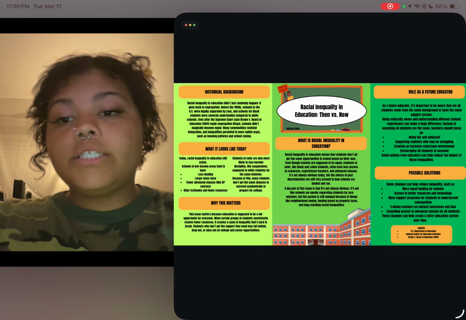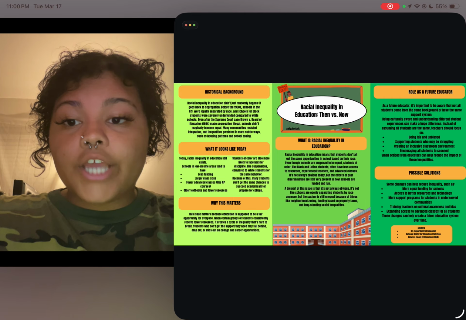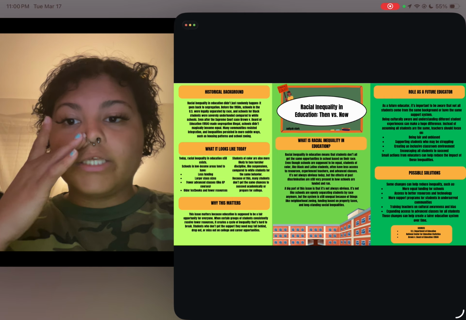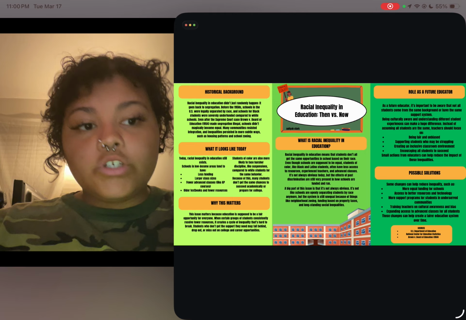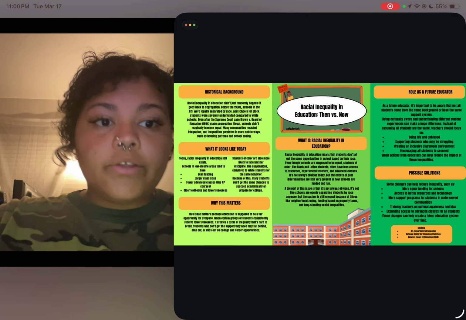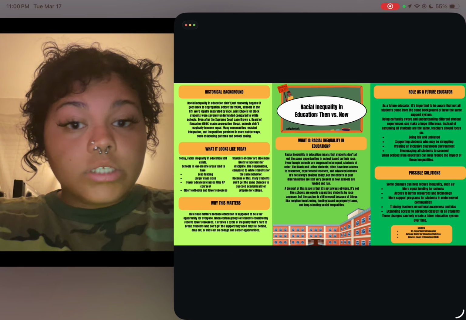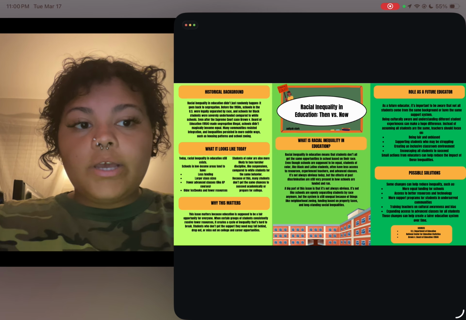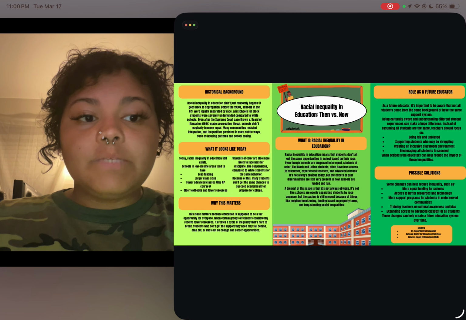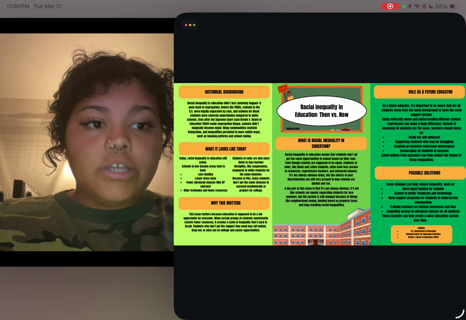So, let's discuss the role of a future educator and what supporting these children would look like. As a future educator, it's important to be aware that not all students come from the same background or have the same support system. Being culturally aware and understanding different students' experiences can make a huge difference.